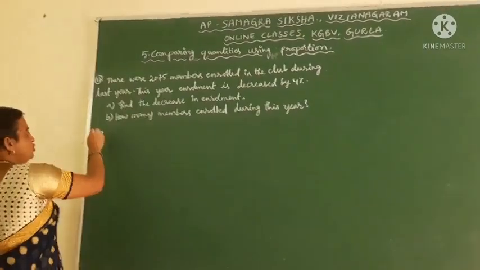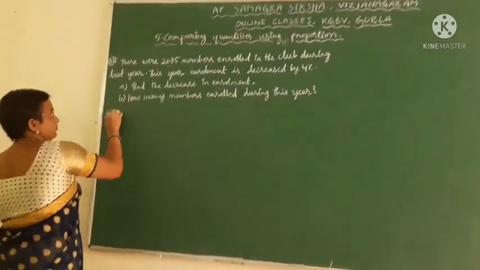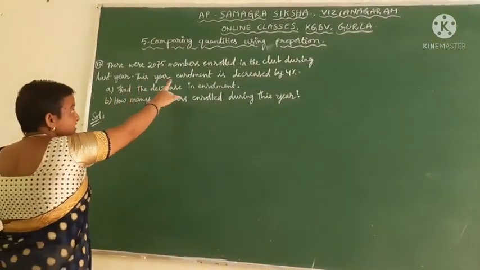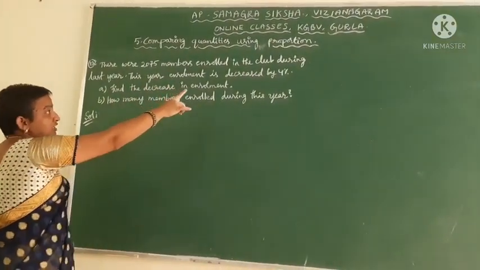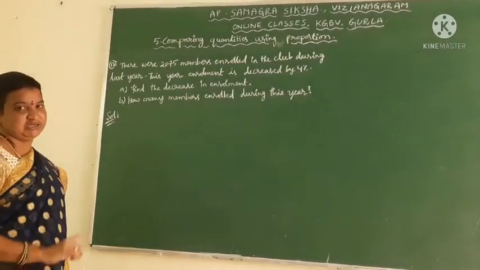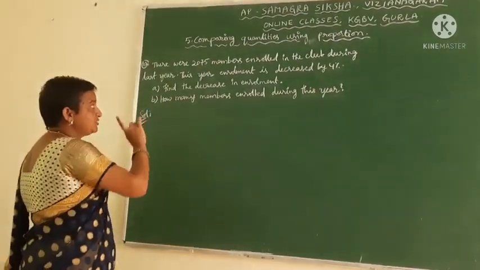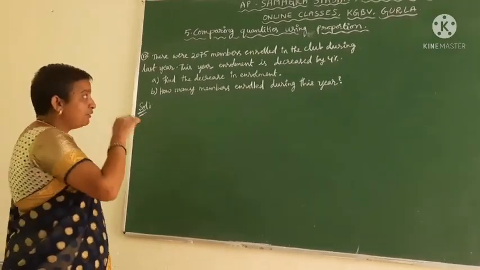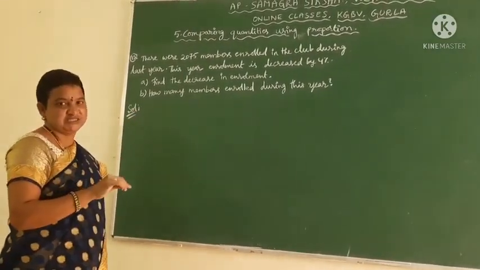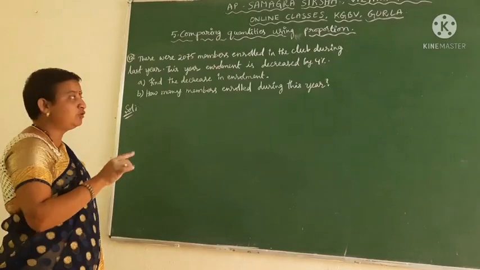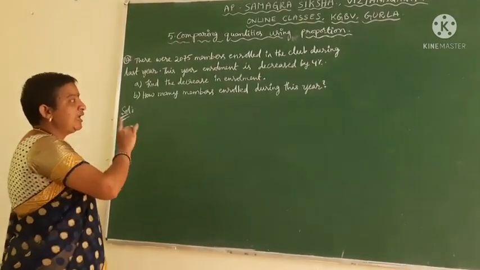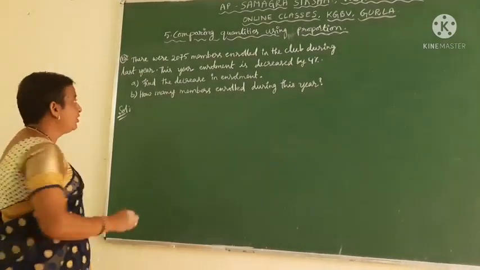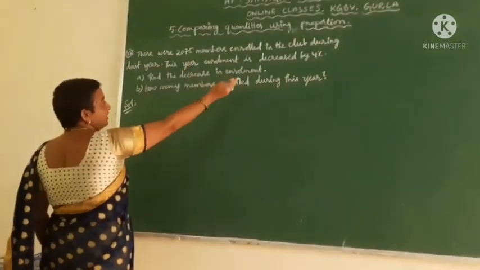Solution. First, you have to read the problem carefully. 2075 members enrolled in the club during the last year. This year, the number is decreased by 4%. We have to find the decreased enrollment and how many members enrolled during this year. First, we have to find the decrease.